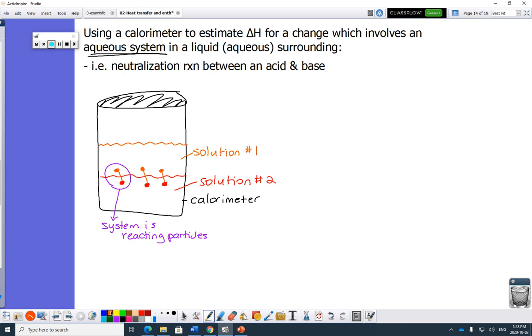So I'm going to pretend like these amounts are different. So let's say we have 10 milliliters of solution 1, and 20 milliliters of solution 2.